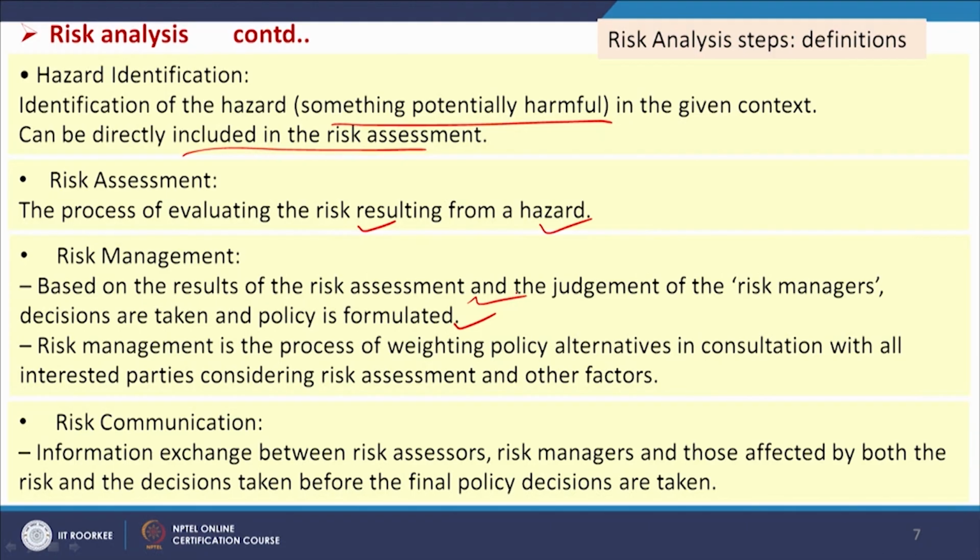Risk management is the process of weighing policy alternatives in consultation with all interested parties, considering risk assessment and other factors. We can correlate this with the formation of standards for different pollutants in our environment. When a waste stream is entering the environment, we need to decide what the limit of different contaminants in it will be.